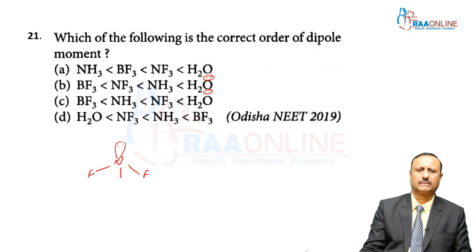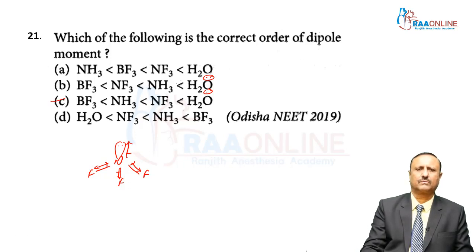This one and this one are cancelled with each other, and this fluorine atom's dipole moment and this dipole moment are cancelled with each other. So, NF3 has 0 dipole moment.